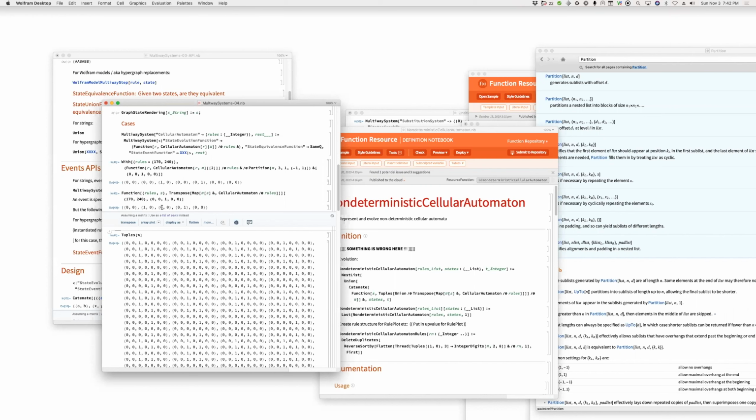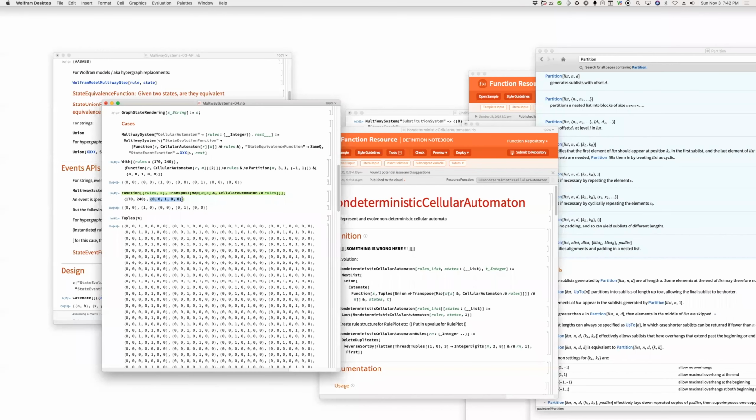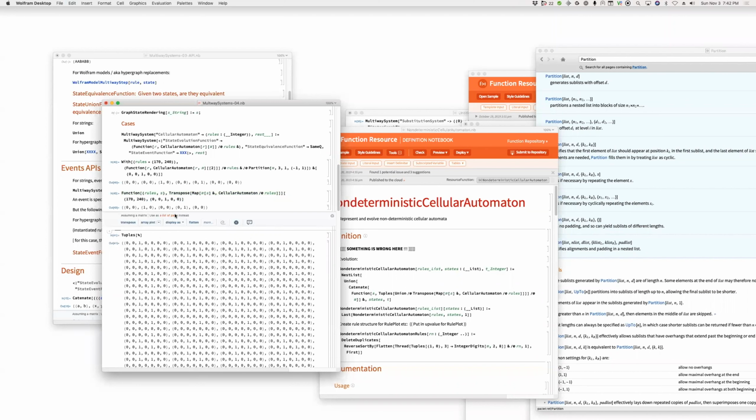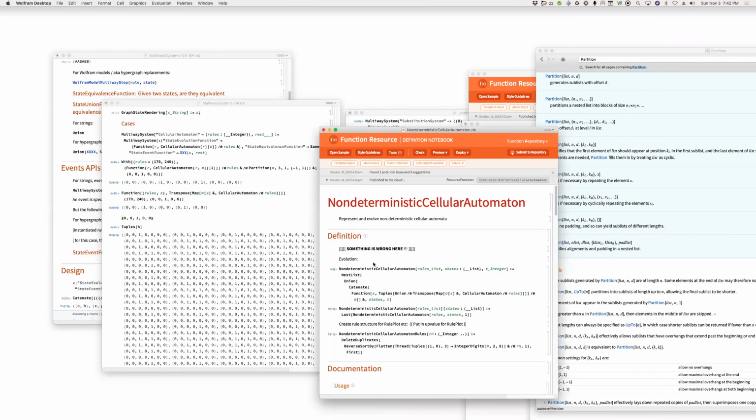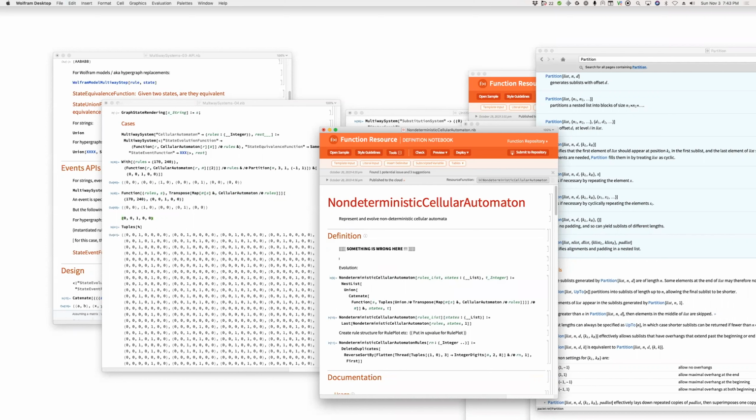So this is the original state, and so we want to do a replacement at the part specification given by the index of that list.